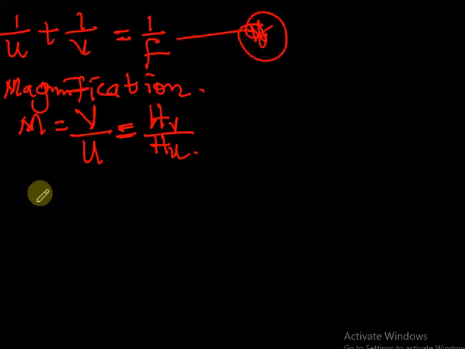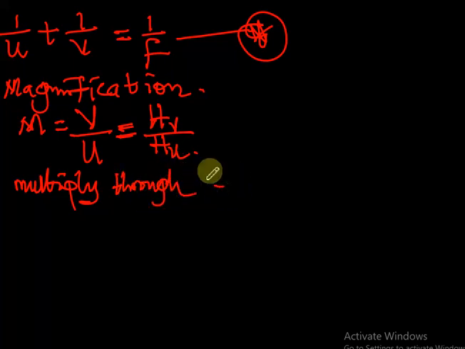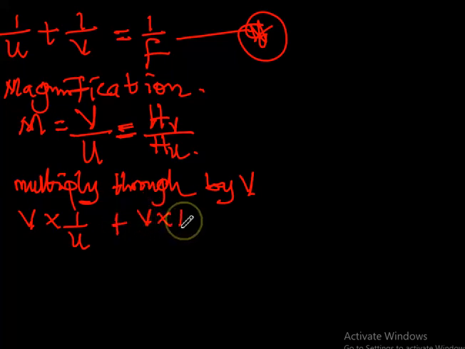It is possible to do that if you multiply equation star above through by v. So you are going to have v times 1 over u plus v times 1 over v equals v times 1 over f.